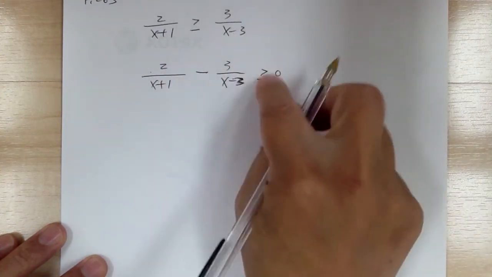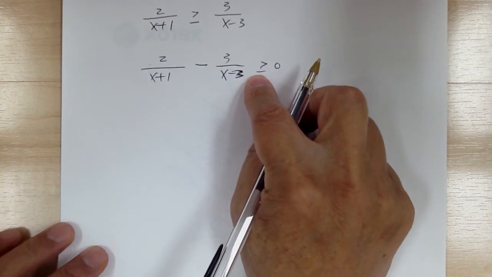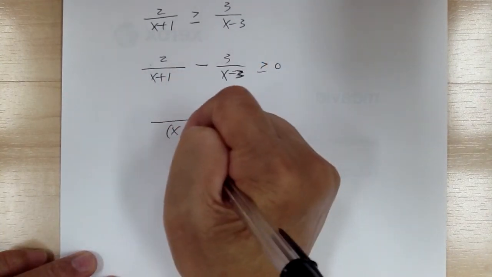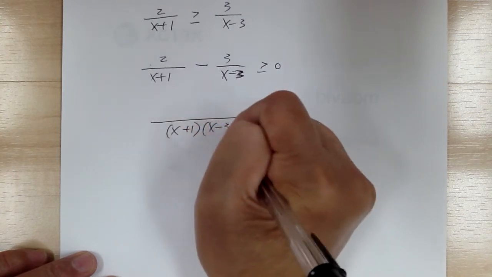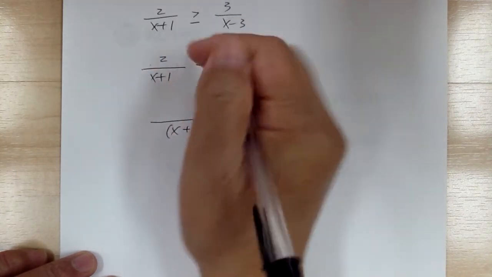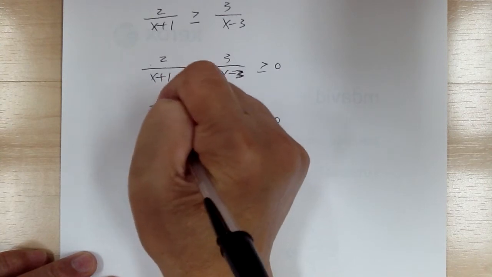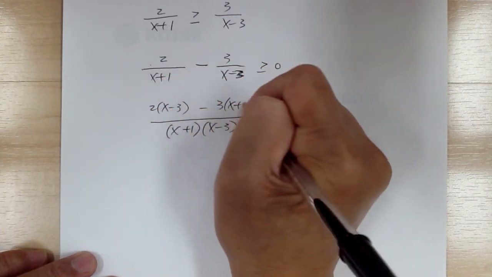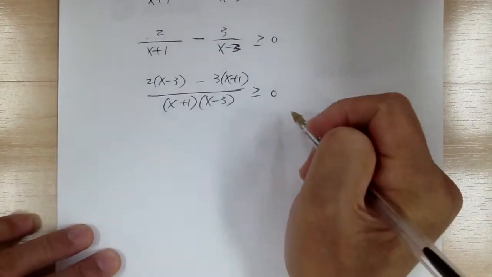So minus, to get it on one side. Then next, what you need to do is go ahead and make a common denominator. So your LCD would be x plus 1, x minus 3. On the top you're going to get 2 times x minus 3 minus 3 times x plus 1. So you have to make it into one big fraction.